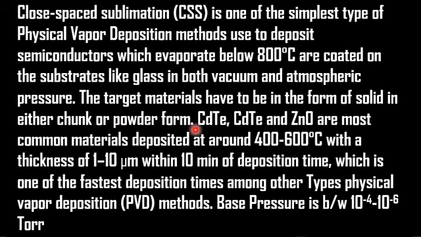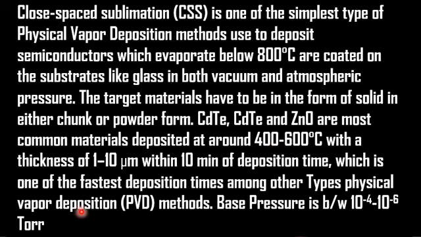Most commonly, materials prepared by closed space sublimation are cadmium telluride, cadmium selenide, zinc oxide, zinc telluride, and zinc selenide. These materials are basically deposited at around 400 degrees centigrade to 600 degrees centigrade. So the evaporation of these materials is done at low temperature as compared to the other vacuum based techniques available.